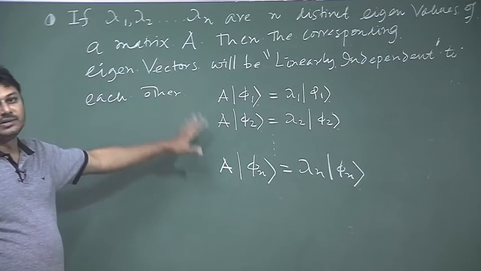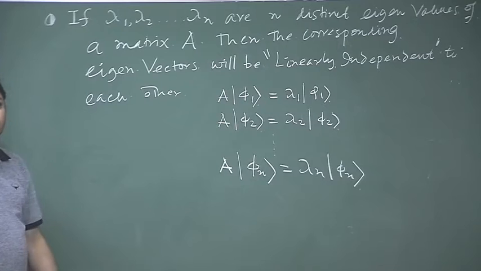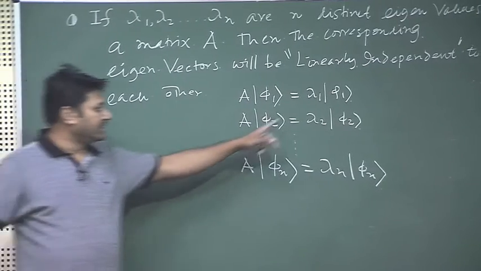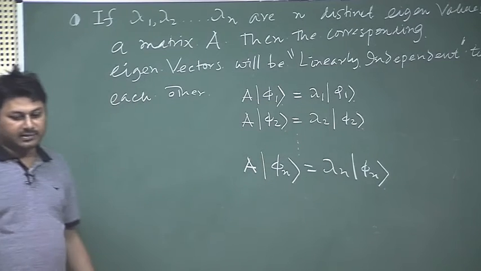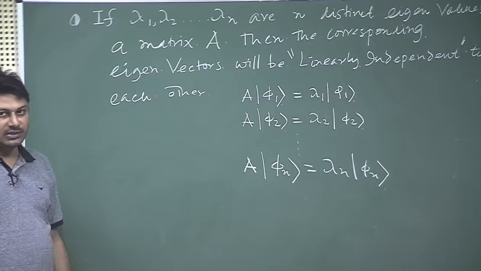That is the meaning of this. This is a tricky proof, but it is an important conclusion that you should note: whatever the eigenvalues are, if they are distinct, then from them I can always generate eigenvectors which are linearly independent of each other.